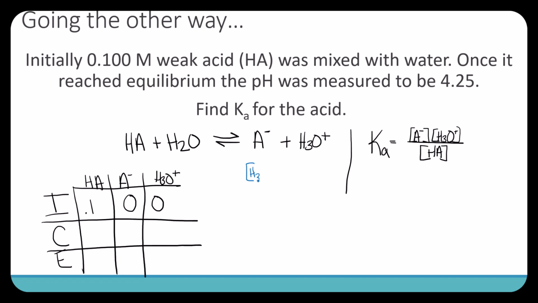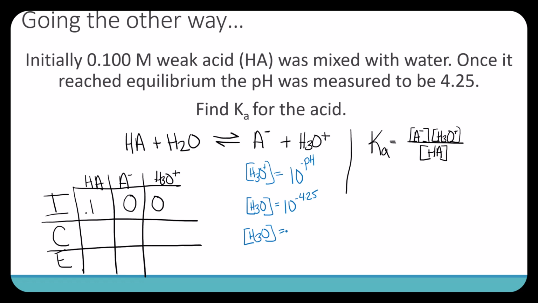Hydronium ion concentration equals 10 to the negative pH. Oh, well, if we only knew pH, we could solve for the hydronium ion concentration at equilibrium. We know pH at equilibrium. So to determine the hydronium ion concentration at equilibrium, we're going to take 10 to the negative 4.25.